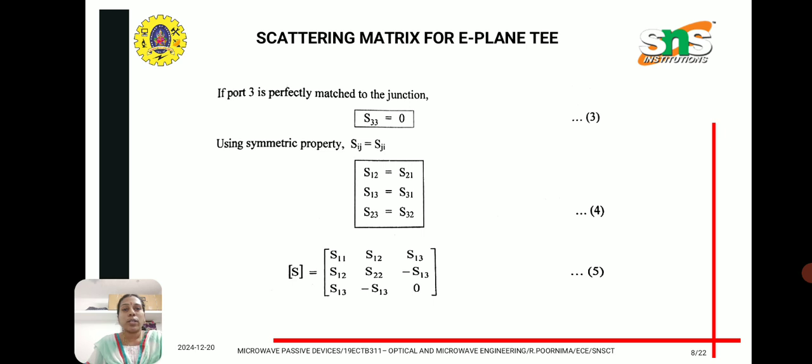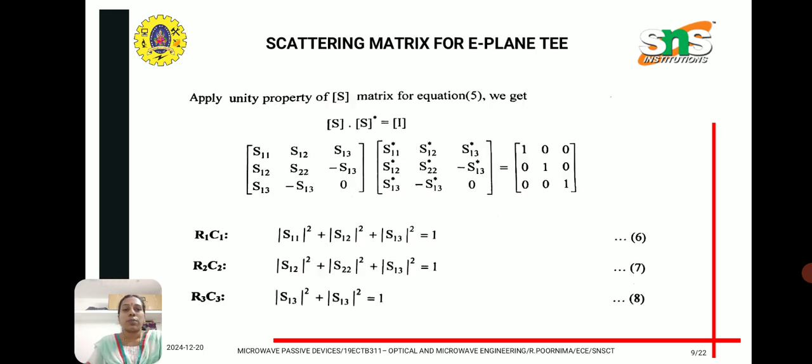We can also apply the symmetry property: the parameters are equal, reciprocal. S12 equal to S21, S13 equal to S31, S23 equal to S32. Substitute all these conditions in the S matrix equation.